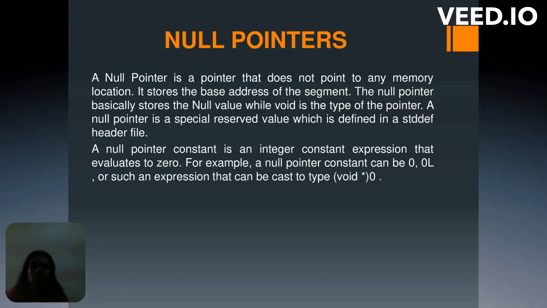A null pointer constant is an integer constant expression which evaluates to 0. So an example is that a null pointer constant can be 0, or 0L, or an expression that can cast void asterisk or 0.